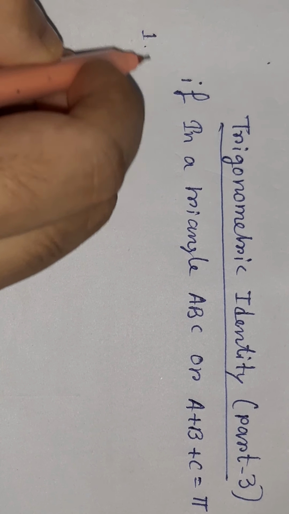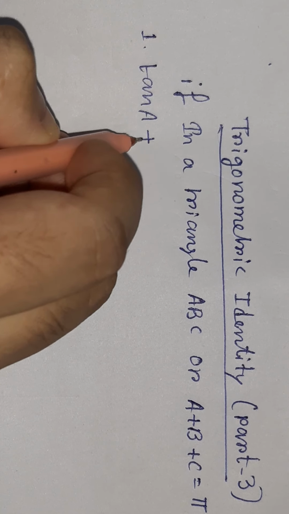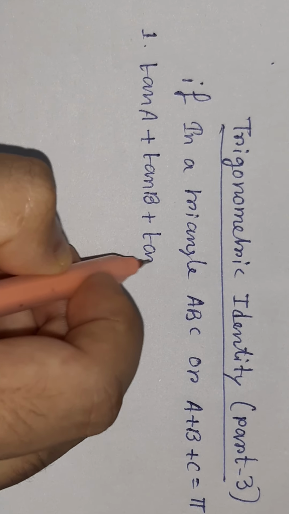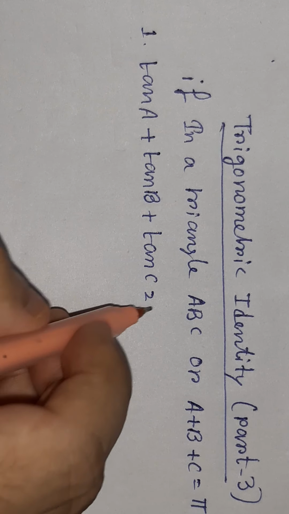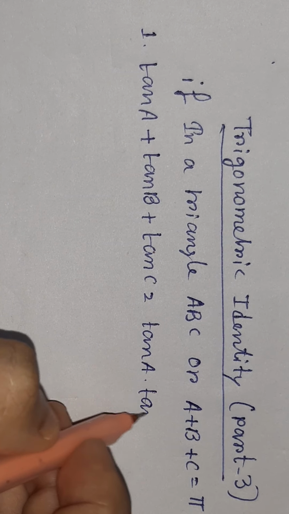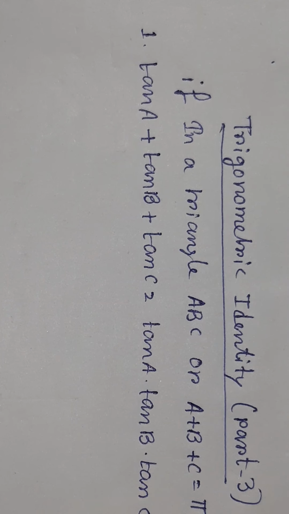One is that tan A plus tan B plus tan C will be equal to the product of these three, that is, tan A into tan B into tan C.